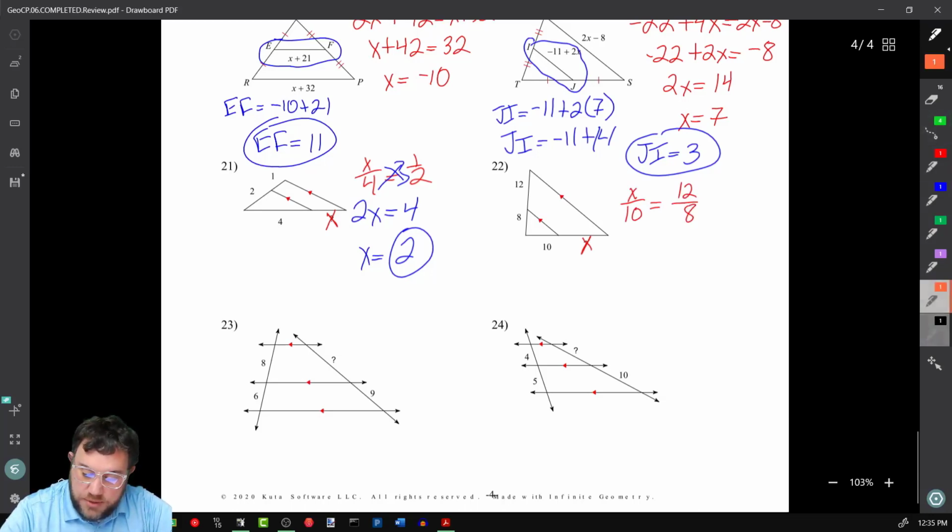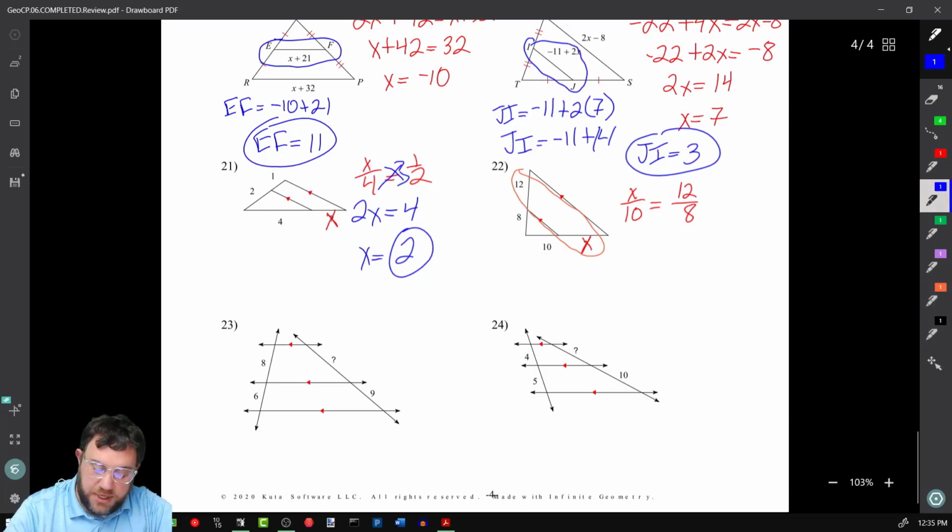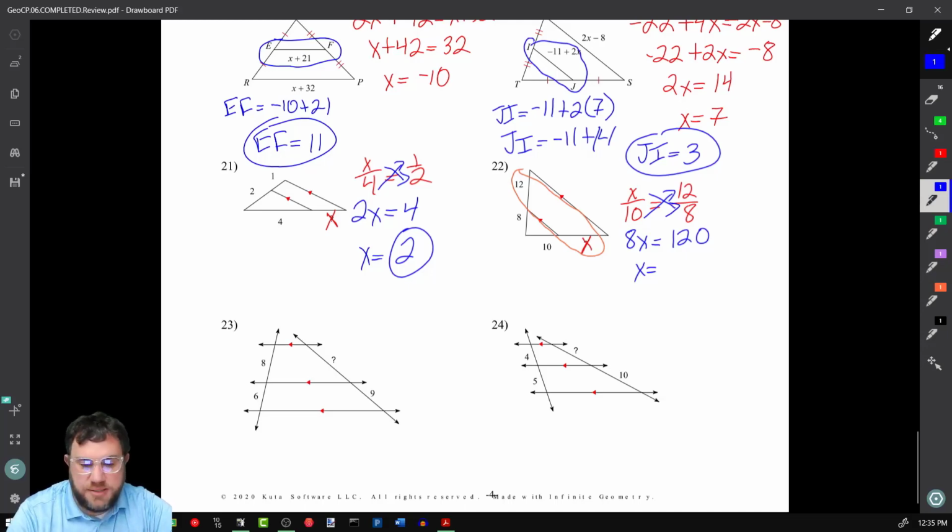I used the 12 on top because the x and the 12 are in the same position on their corresponding sides. Cross multiply, so we've got 8x equals 10 times 12 is 120. And then we want to divide both sides by 8. That's going to give us 15.